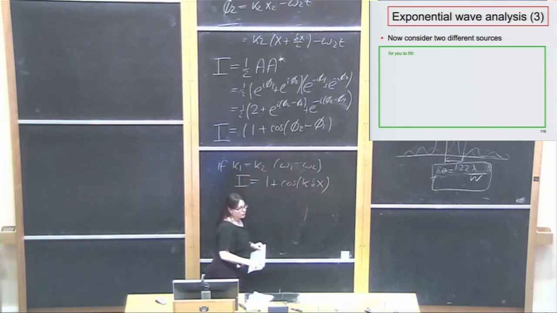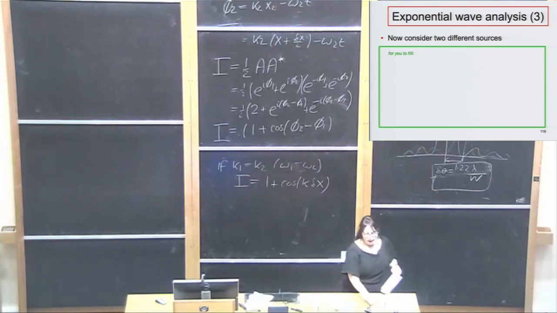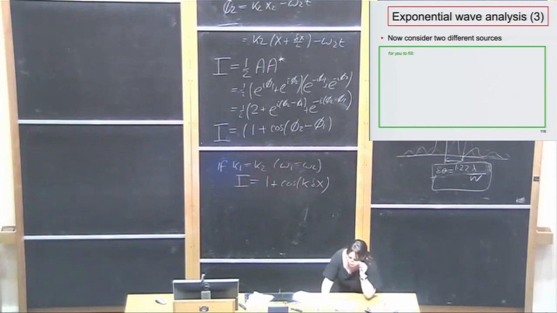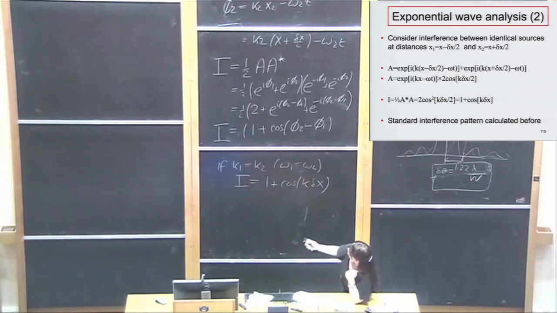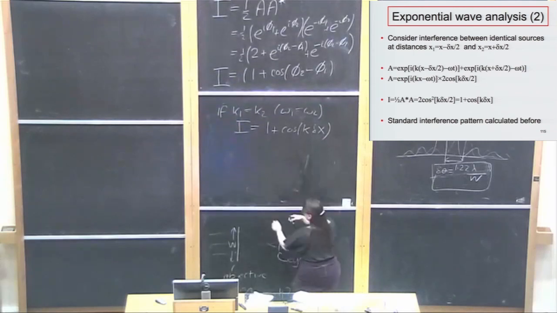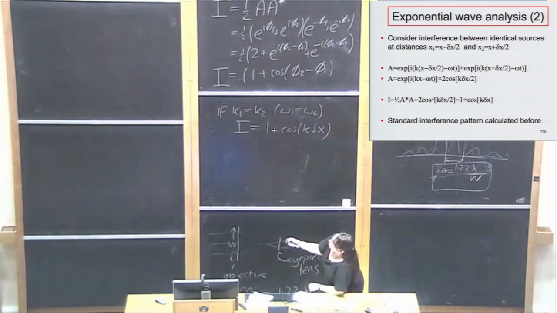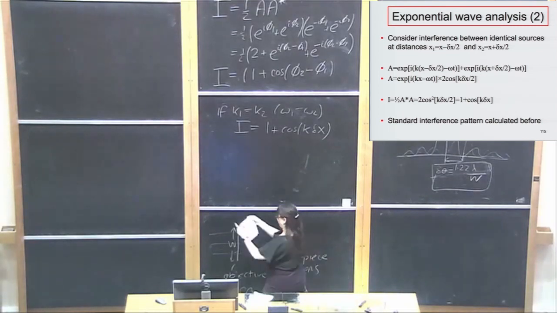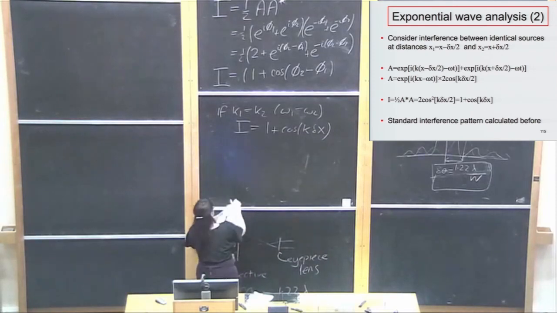I'd just be left with the dependence that came from the actual path difference. If I pop back a slide, what I've written there is exactly what I've written here. But we're not in that situation. We've got different k's, different omegas. So let's look at what that does.